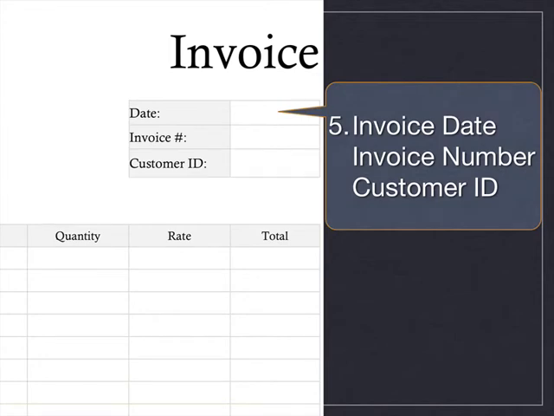Moving on, we have the invoice date, the invoice number, and an optional customer ID. These fields are pretty much organizational tools on an invoice. The invoice date helps you as a service provider keep a record of when you provided services. And by indicating an invoice number, you can keep track of how much work that you've done over time. As a freelance service provider, most of the time you won't have consistent invoices to one client.